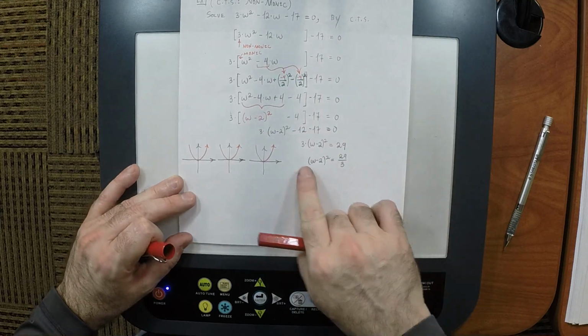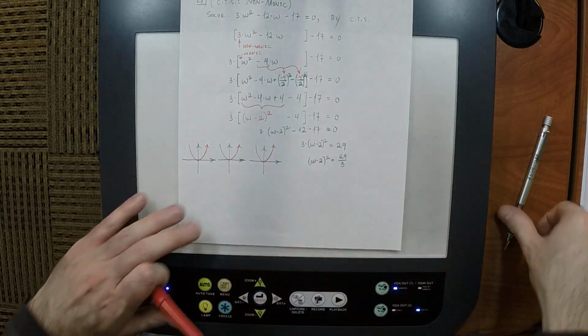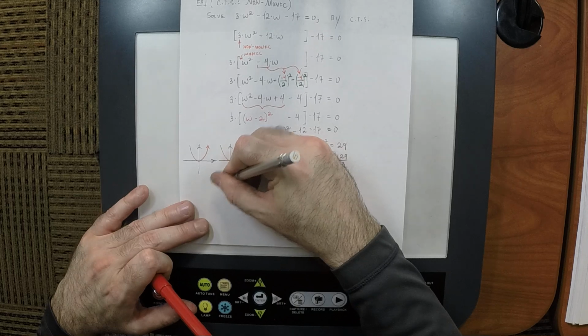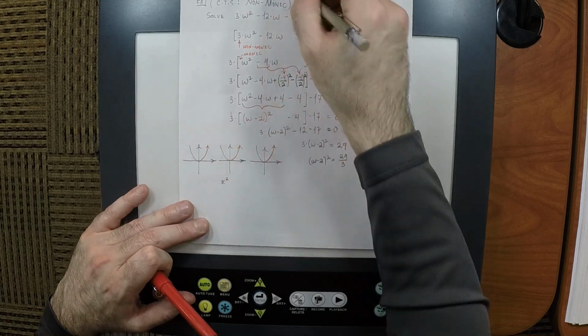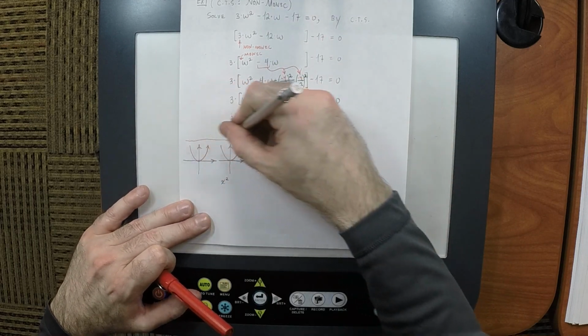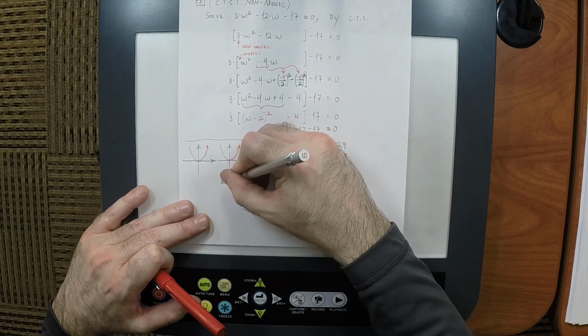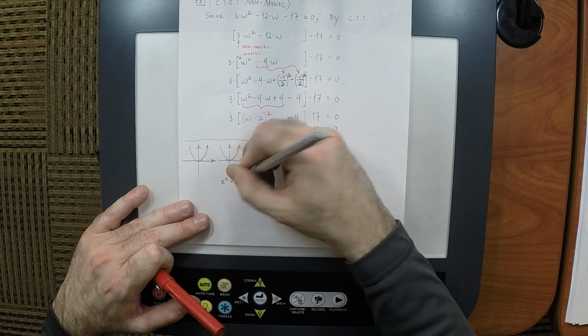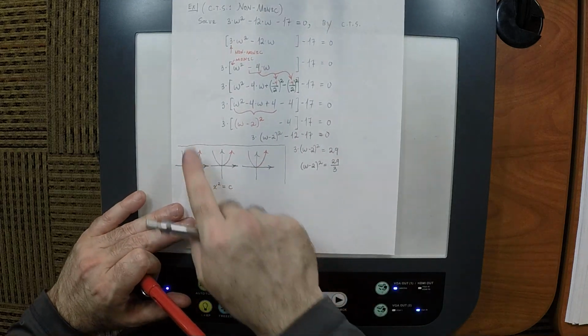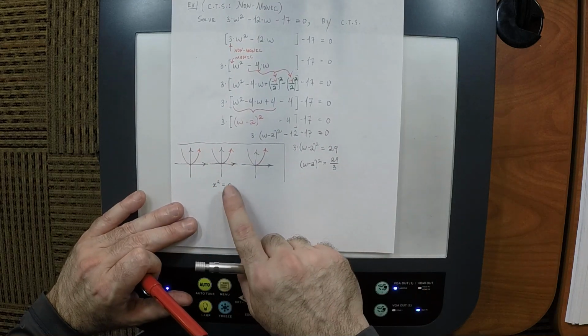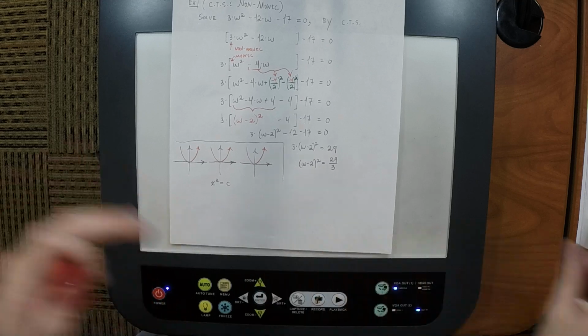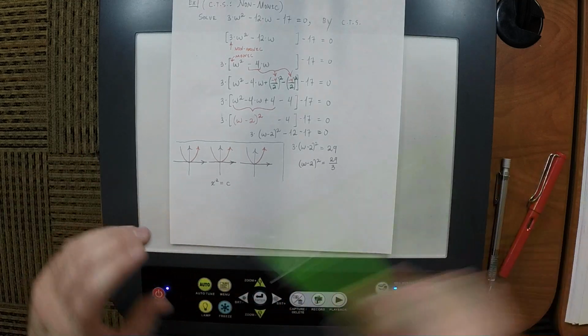So the left-hand side ends up having something that's shaped like a parabola. This question is phrased in terms of w, so over here I'll just say x. So generally it's like x squared is some constant. So 3 parabolas, and then depending on the constant, that determines how the equation will behave.